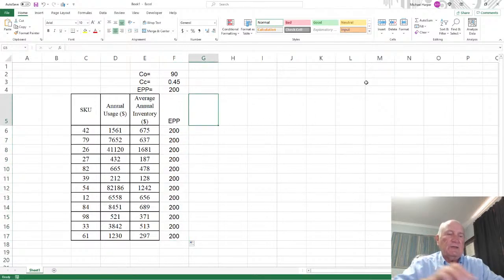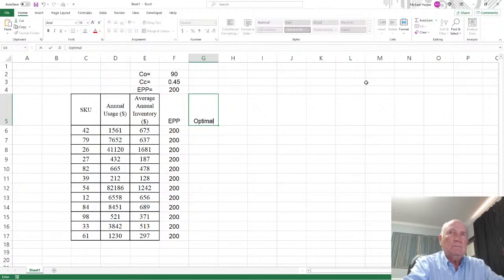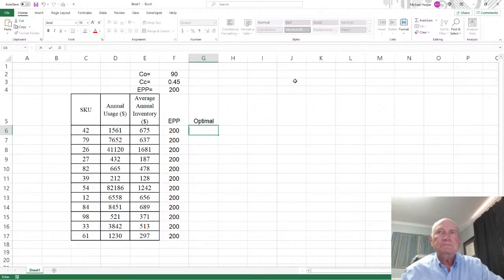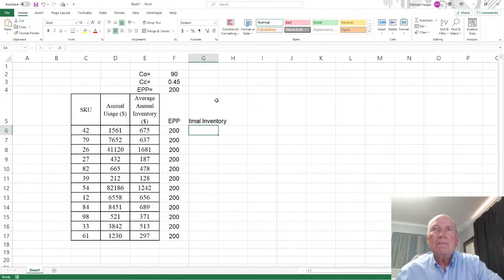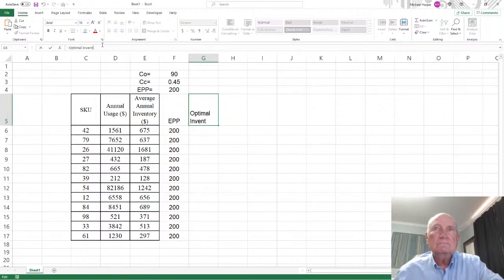Next, let's look at the optimal inventory.